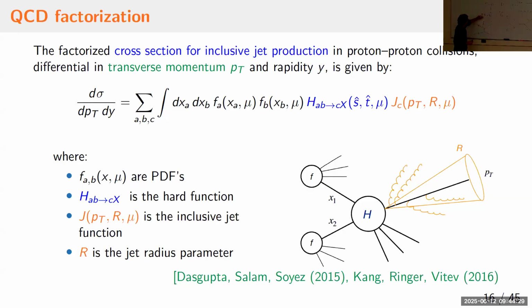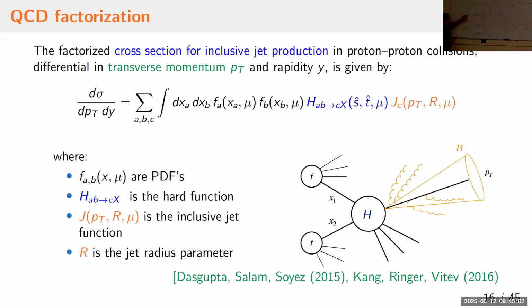So indeed, you have two scales. One scale characterizes the jet function, and the other one the hard function, right? But in the evolution, typically a DGLAP evolution equation, the logs of this scale would come with pT divided by mu here, and in the jet function you would have a log of mu divided by pT R. So if you do the calculation, you get alpha s times 1 plus the log here, and 1 plus the log there, and then mu would cancel out when you sum these two logs.